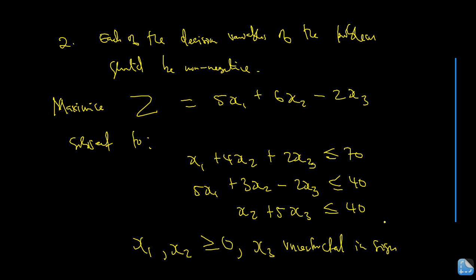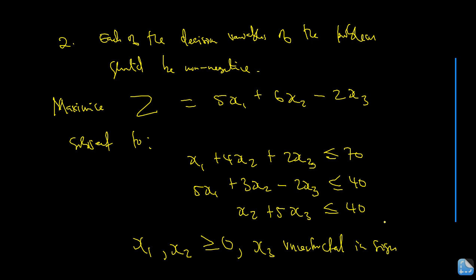It can take on both non-negative values and negative values. Now in such a case, what do you do? Listen carefully. Since x3 is unrestricted in sign, we are going to represent it by a difference of two non-negative variables. Those variables can be anything, you can say x10 and x11, or x12, or x100 and x15,000, as long as they are logical and close to what we already have here.